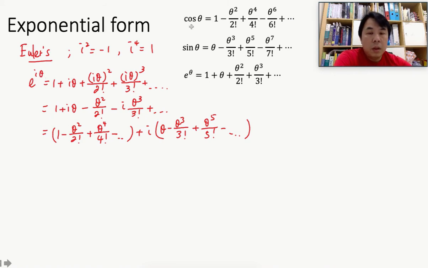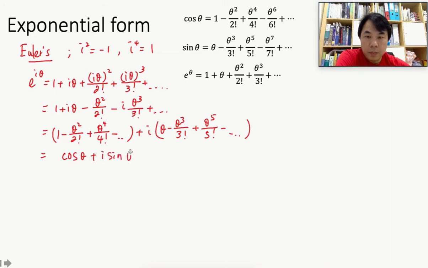And then from this Taylor-Maclaurin series of cosine and sine, we can represent this entire series in the form of cosine. You can see that it represents the same expansion. So this one we can write as cosine theta plus, and then this imaginary component can be represented as sine.